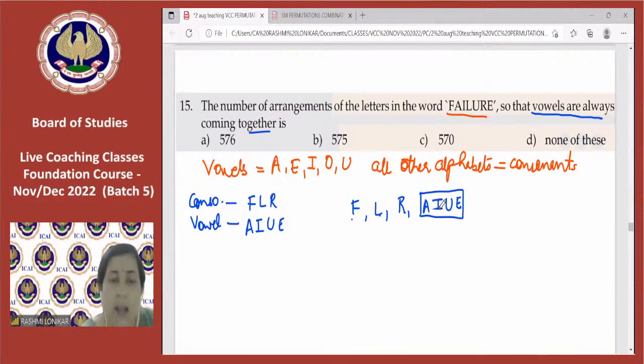And how many letters do I have to select? All, because it is the number of arrangements of the letters. So this is as good as 4P4.